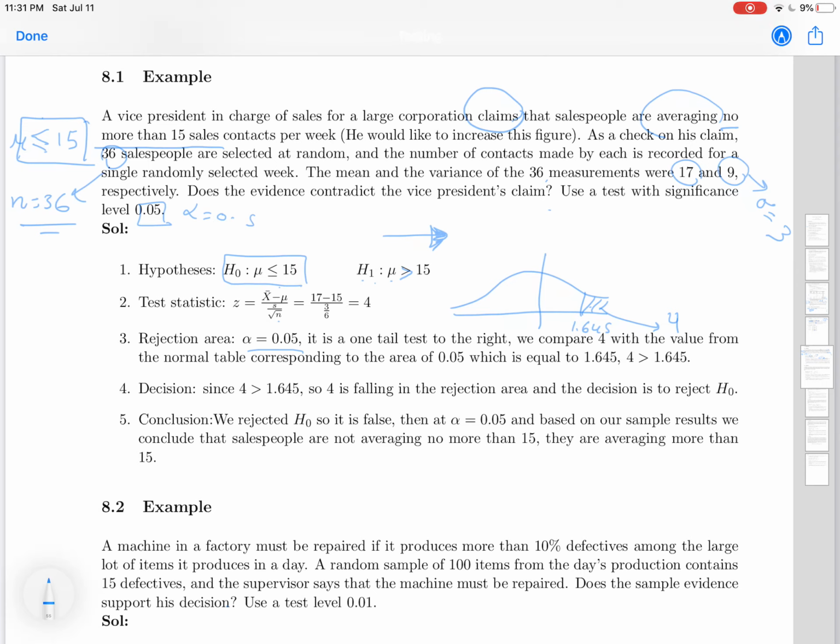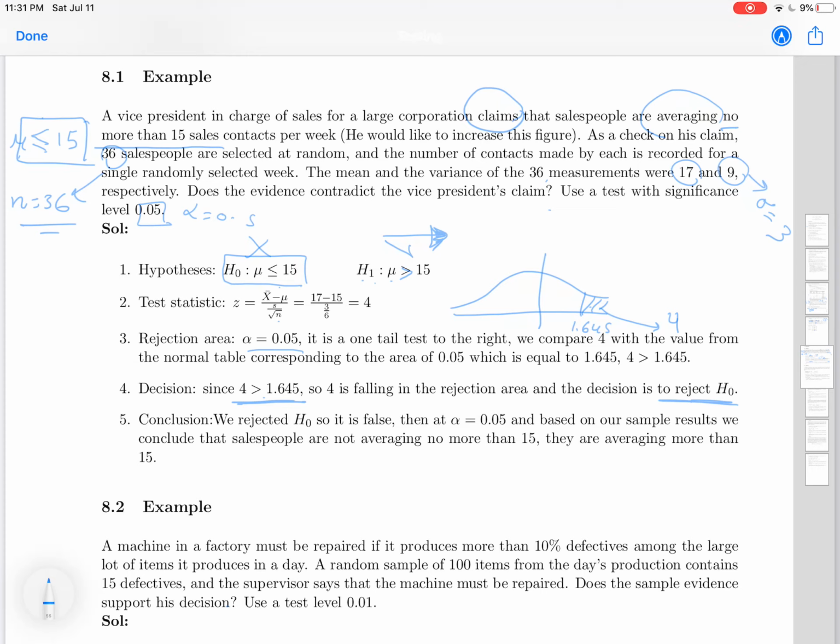If I go back to the previous page, one tail right, 0.05, the value is going to be 1.645. So this means I have 1.645. My next step is to locate this 4. So this 4 is located in the shaded area, or the rejection area.